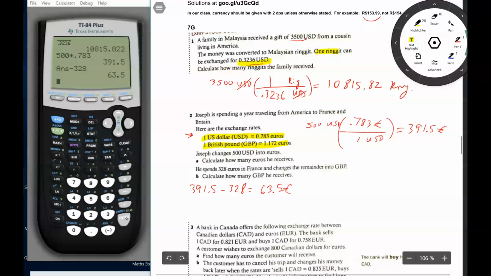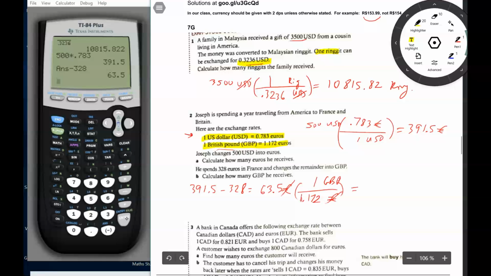And now I want to change these euros into GBP. I'm going to do that using the other domino. So what do I need to put on the bottom? Do I need to put euros on the bottom or GBP on the bottom? Euros on the bottom because I want them to cancel out with what's on top, right? And the euro on the bottom is going to be 1.172, and the top is going to be 1 British pound.